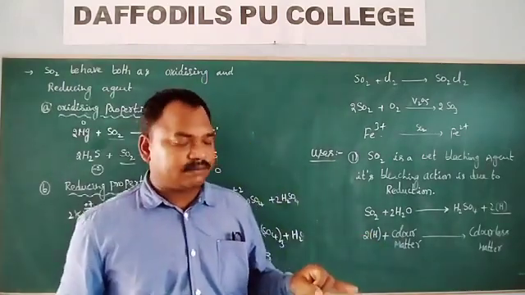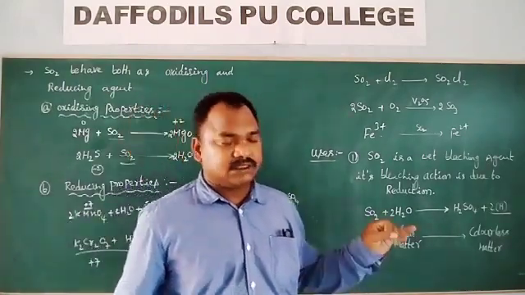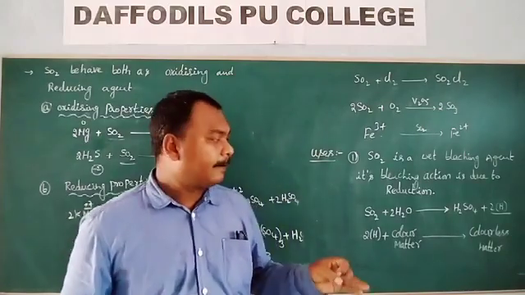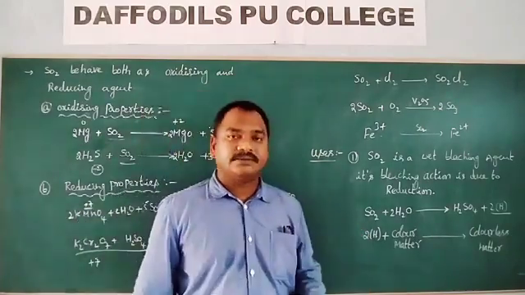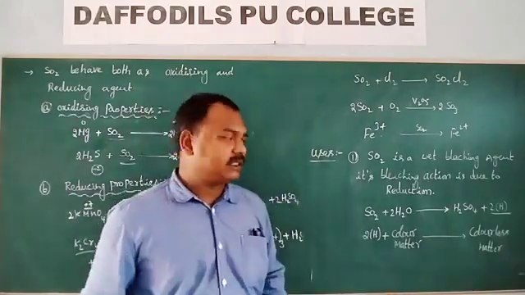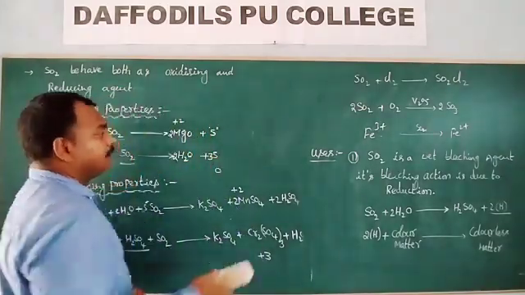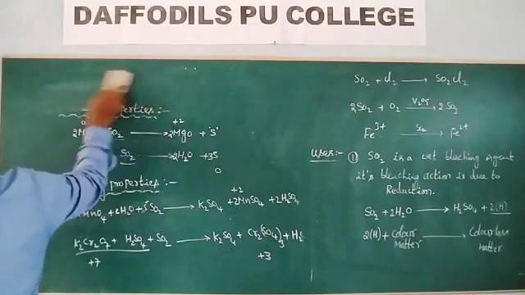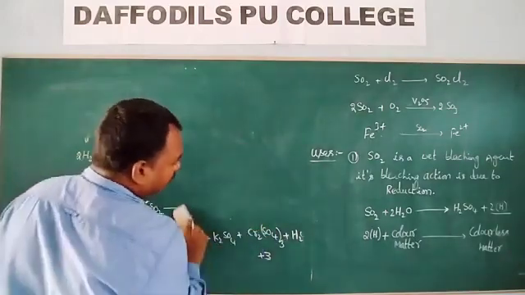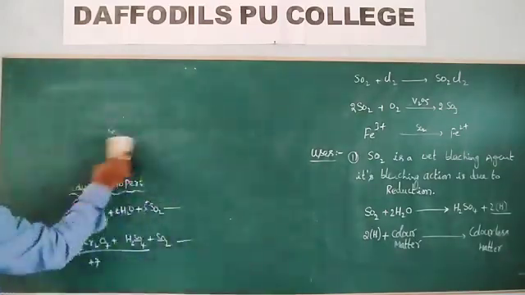Next one is cotton, silk, next straws. Next, another use of sulfur dioxide.